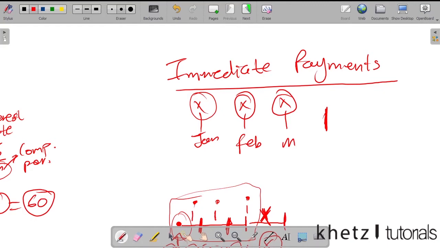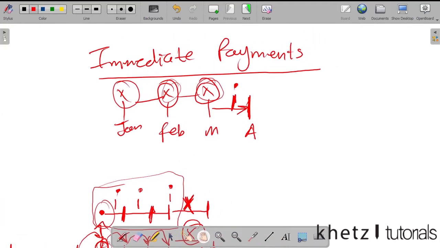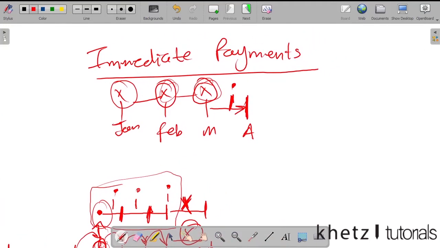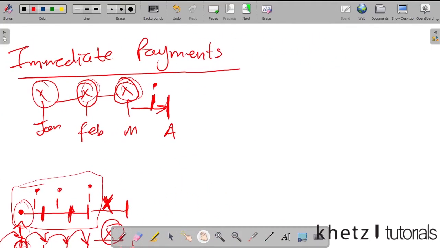Now, what you're going to have here is that you're actually supposed to earn interest. So this would be February, March, April. So over there, you're going to have some interest. So after your last payment, you're going to earn some interest because your payment is at the start of the period. And this is how you compensate for it in terms of the formula.